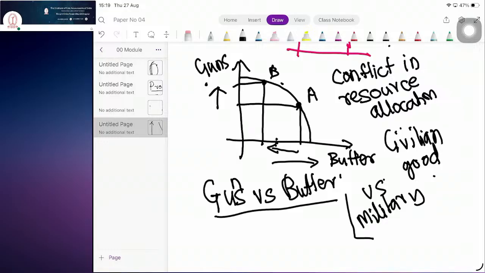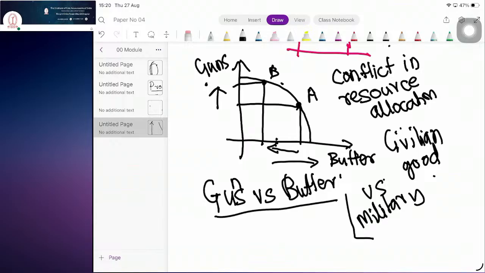Now you see all over the world, Ukraine and Russia are at war. Then in West Asia, Iran and America, Israel and Palestine, Syria, wars are going on everywhere. India also had a security fight with Pakistan.